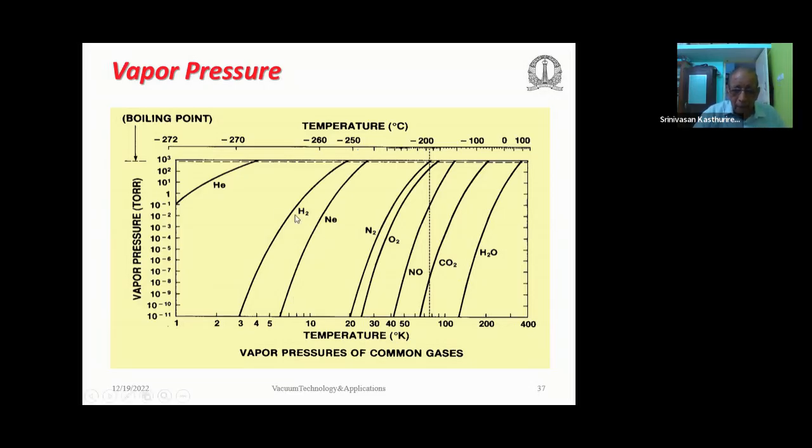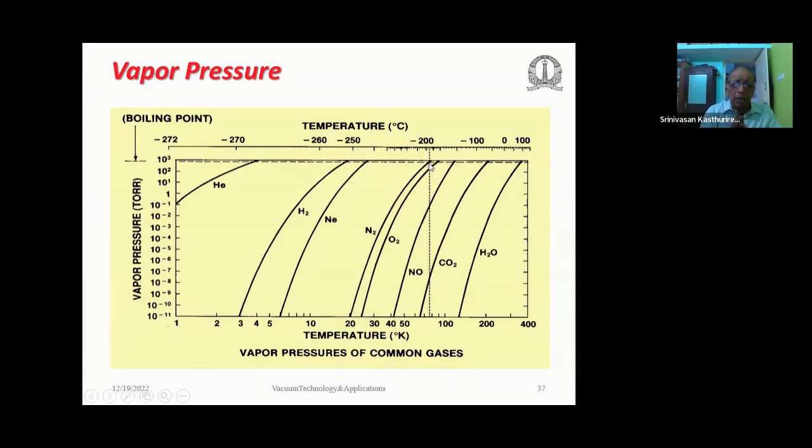For example, helium boils at 4.2 K, so at 4.2 K the vapor pressure is 1 atmosphere. At 77 K, minus 196 degrees centigrade, nitrogen has a boiling point of 1 atmosphere.